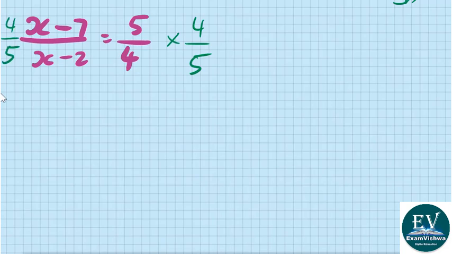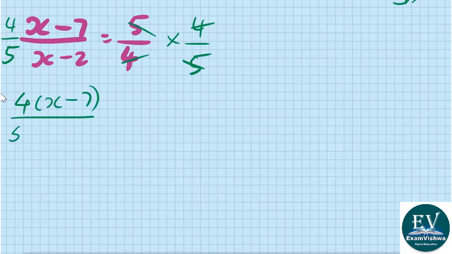तो क्या होगा? This will get cancelled. Here it will be 4 into x minus 7 upon 5 into x minus 2 is equal to, sorry, not 0, is equal to 1. Okay?